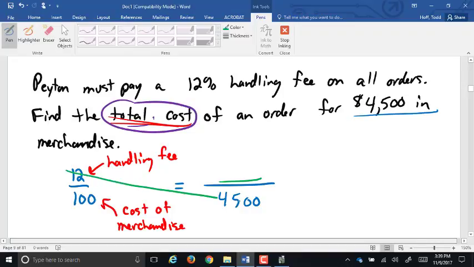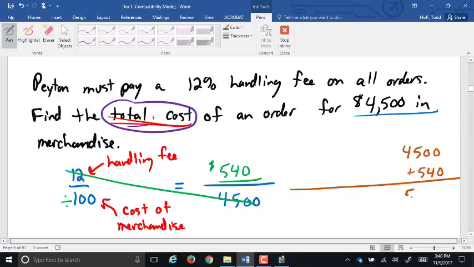So let's cross multiply and divide. 12 times 4,500 divided by 100 is going to give us $540. So that is the handling fee. So we have to get the total cost. We're going to take the 4,500 plus the $540 to get a total of $5,040.